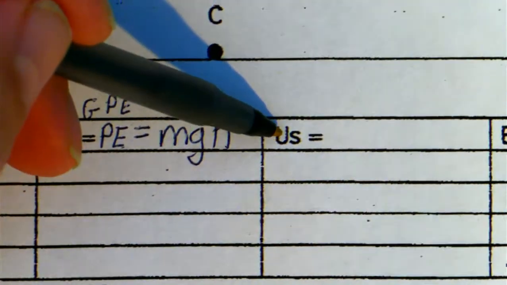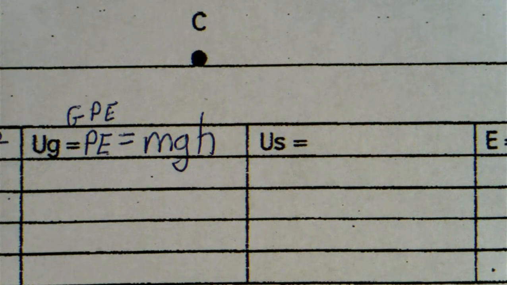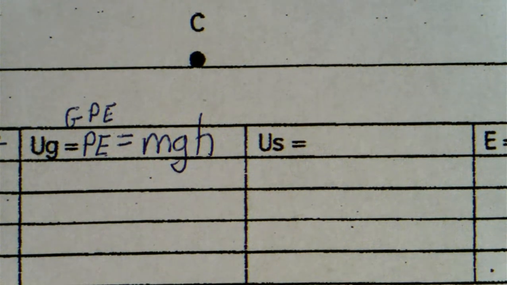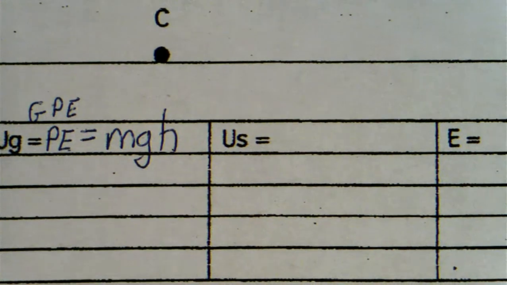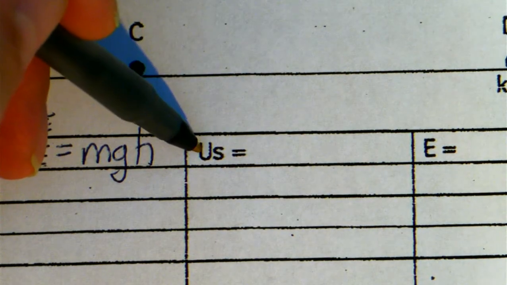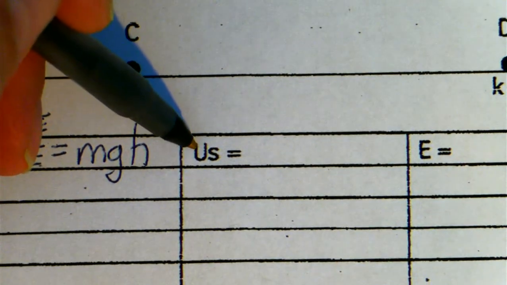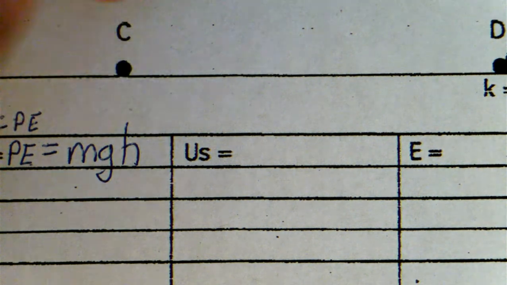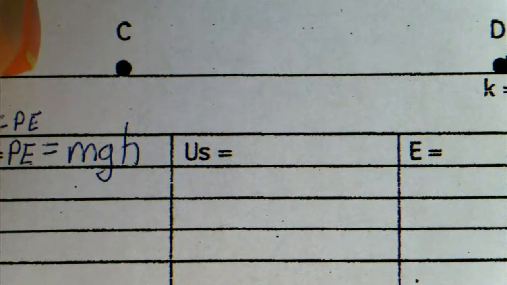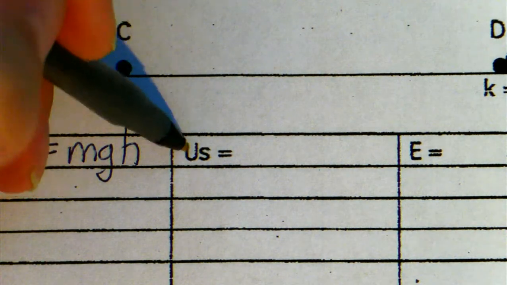Now, I want to talk about US. What is US? Oh, and it says no more students to pick from. Well, let's start through the whole list again. Matthew, let's talk about US. What is US? Yes, and do you happen to remember the formula for calculating spring potential energy?